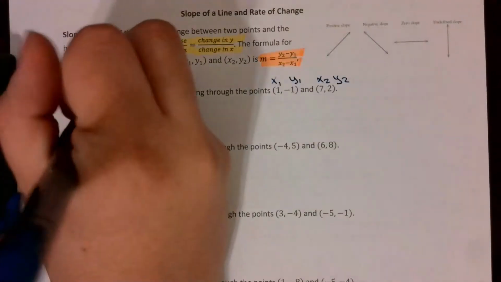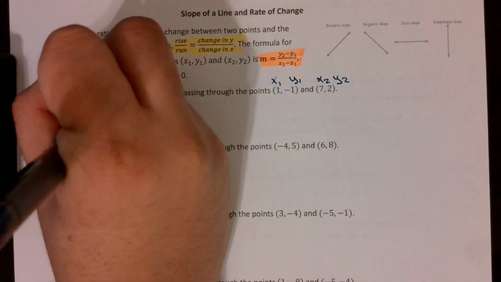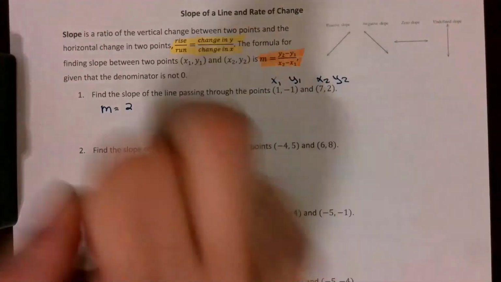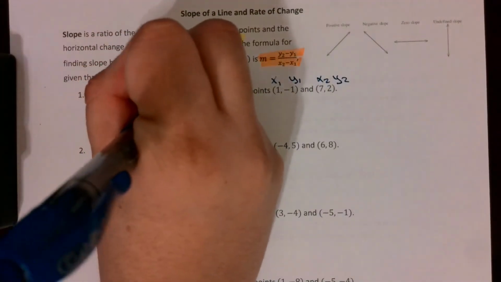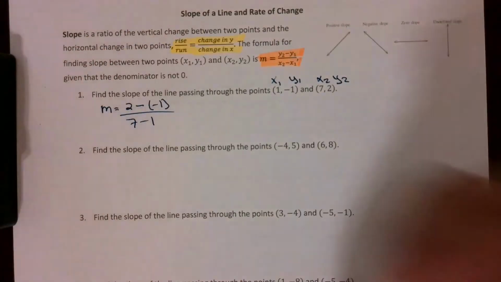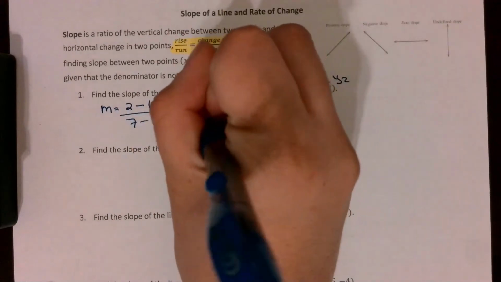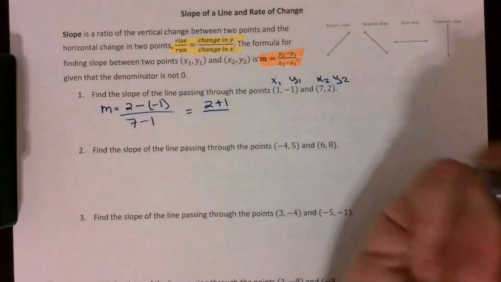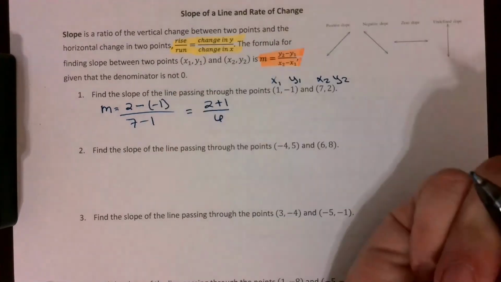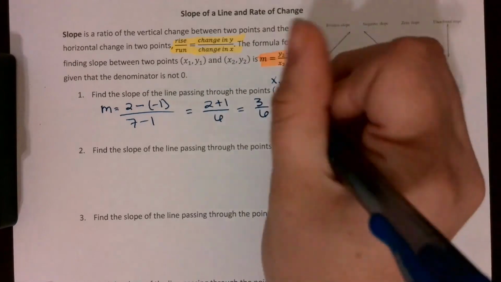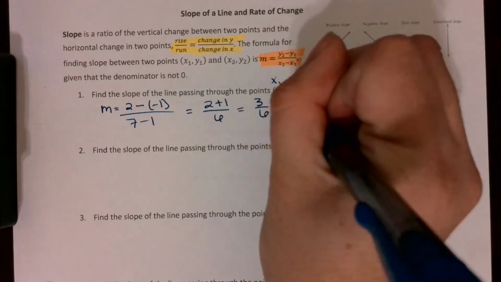So m equals 2, because that's my y2, minus -1 over 7 minus 1. That gives me a double negative on the top, which makes a positive, and 7 minus 1 on the bottom gives me 6. 2 plus 1 is 3. 3 divided by 6 is 1/2.